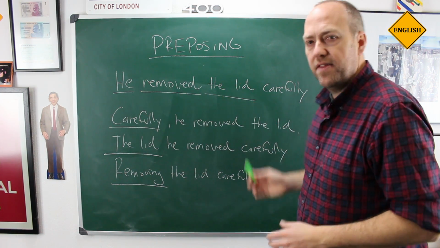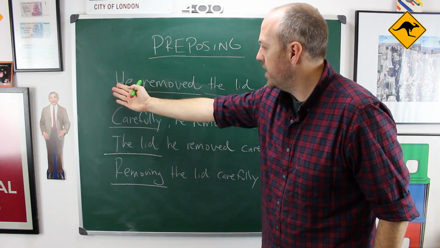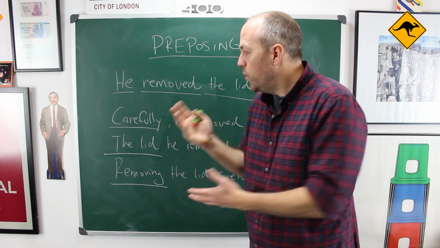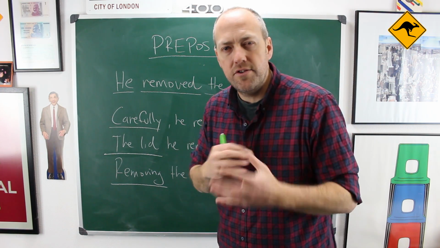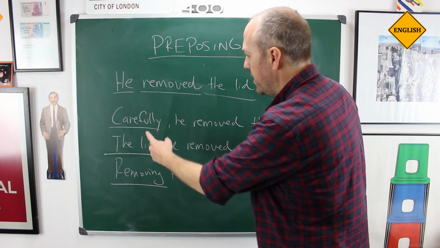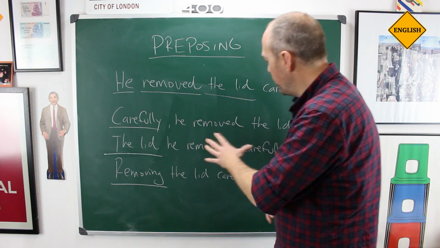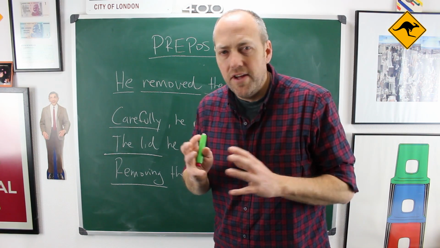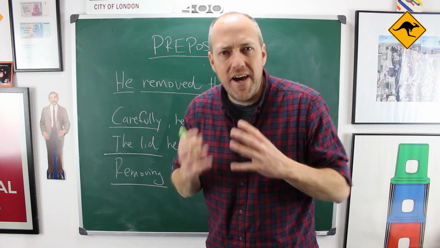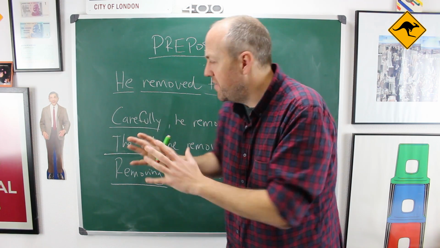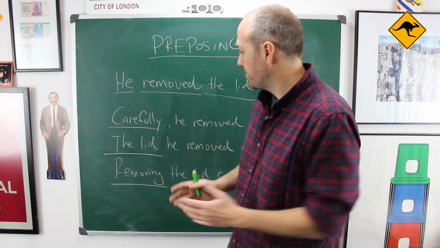He removed the lid carefully. Subject, verb, object. But we can change the order to give more focus to something else. Carefully, he removed the lid. In this sentence, our focus is on the idea of he took it carefully, on the adverb.